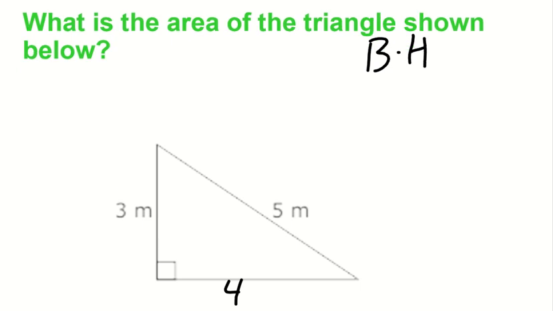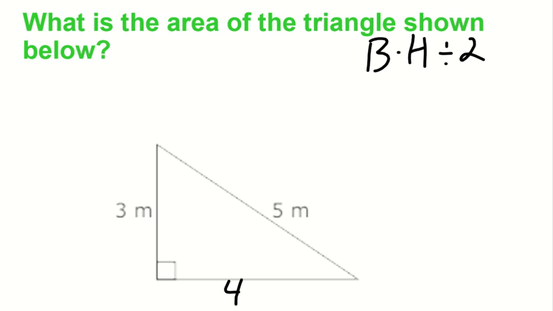All right, so we got base times height divided by 2. Sometimes you see it as 1/2 base times height. I like dividing by 2 better than multiplying by 1/2. It's the same thing, though. What's the base and what's the height for this triangle? Yeah, the base and the height are going to be the legs.